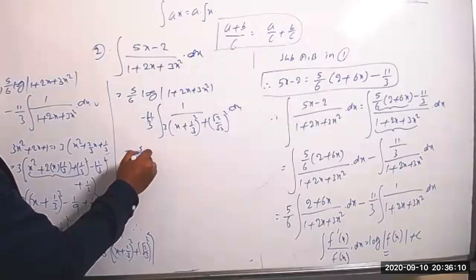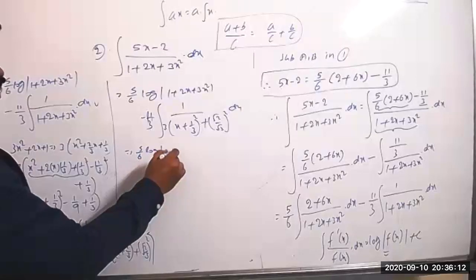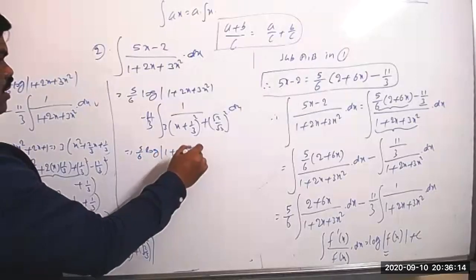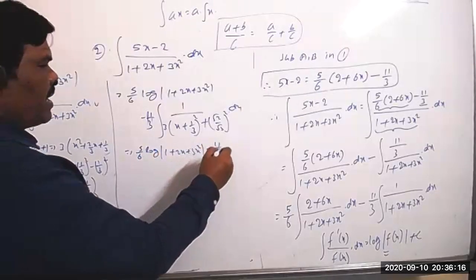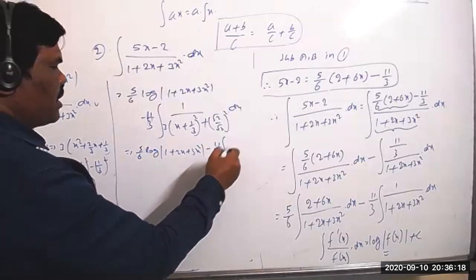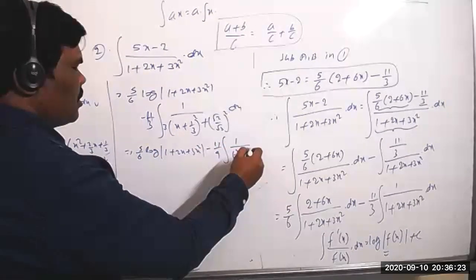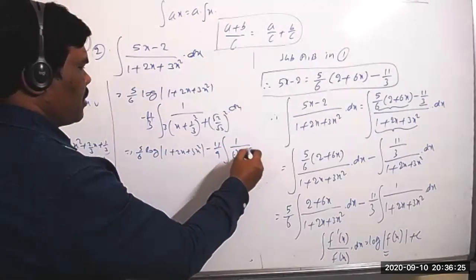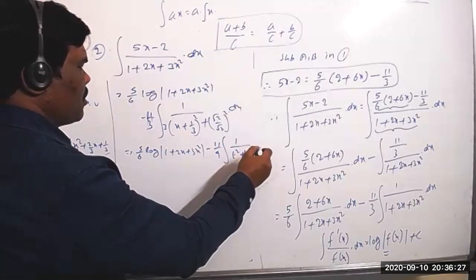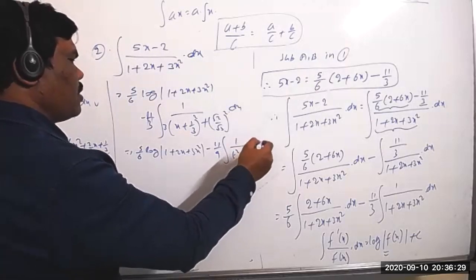The 5 by 6 into log modulus of 1 plus 2x plus 3x square, minus 11 by 9 integration of this. You can take here now 1 by t square plus (root 2 by root 3) whole square into dt.